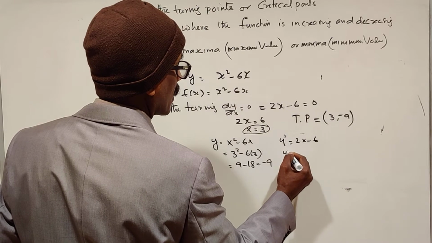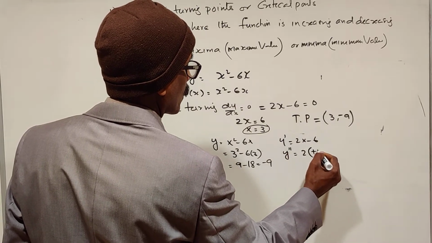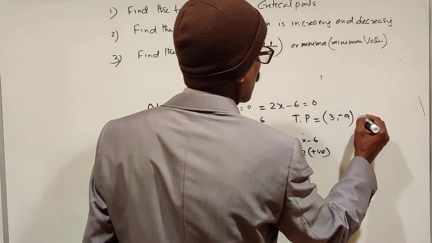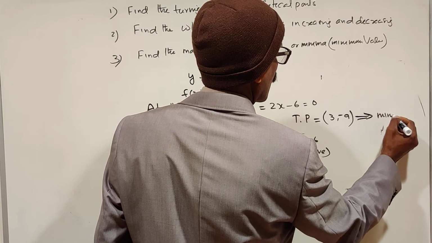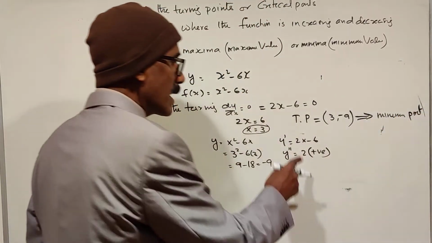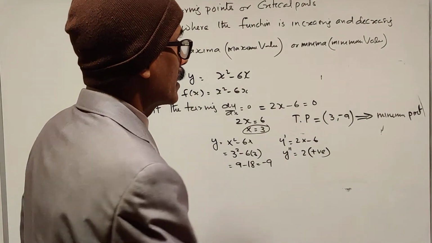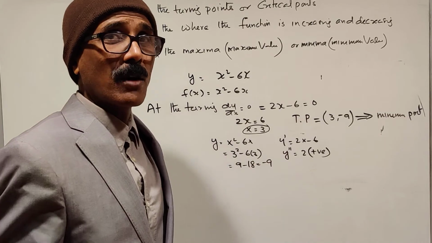What is the second derivative? The second derivative is 2, positive. So this is the minimum point. See, if the second derivative is positive, then that point should be a minimum point. Okay, that is the formula.